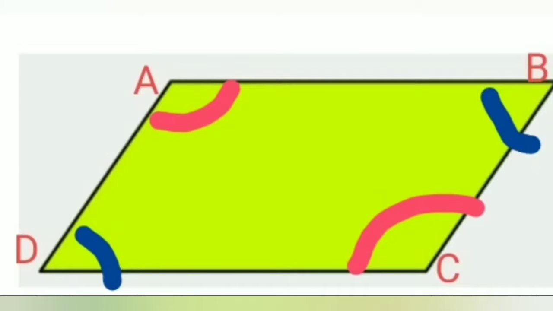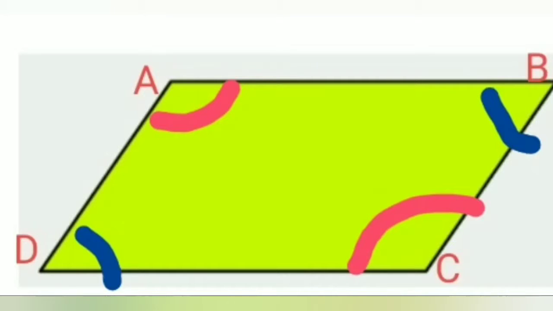Adjacent sides means one vertex is common, like AB and BC, so here B is a common vertex. And angle A and angle B are adjacent angles, they are at the ends of the same side. Same as angle B and angle C are also adjacent.